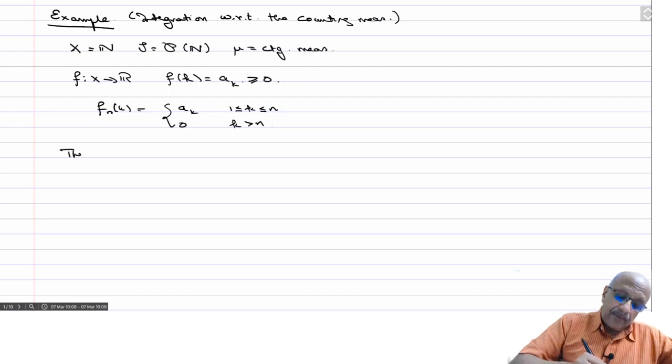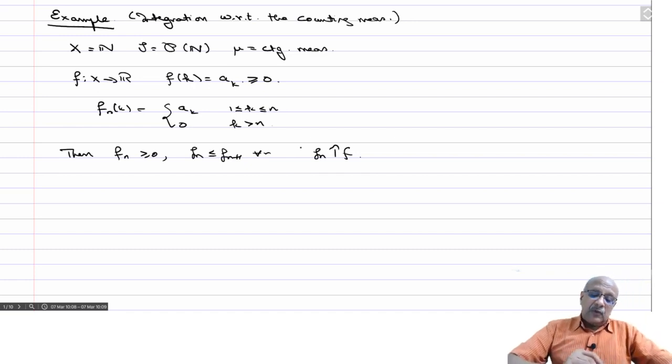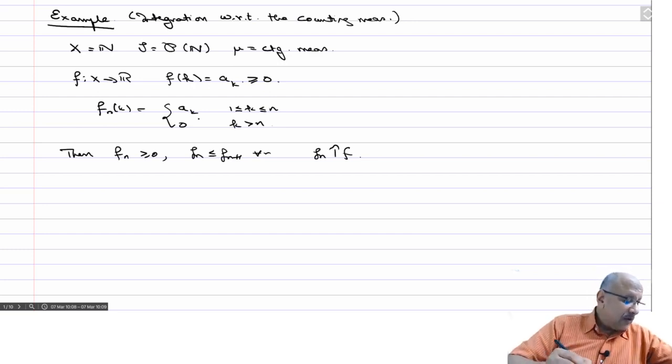Then f_n is non-negative, f_n is less than or equal to f_{n+1} for all n, and in fact we have f_n increases to f, because f_n is just a_1, a_2, up to a_n, and then f_{n+1} is a_1, a_2, up to a_n, a_{n+1}, and so on, and these are all non-negative, and therefore it's obvious that you have this.